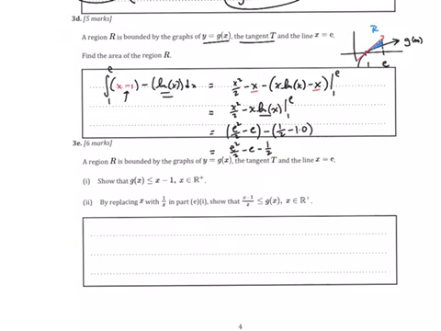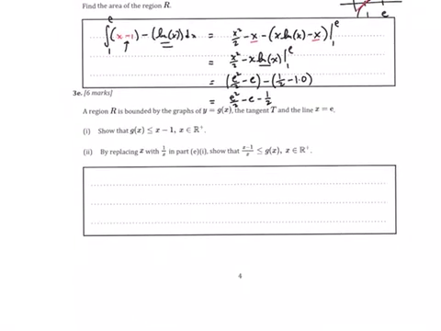Now in this part it says show that g of x is less than x minus 1 for all real numbers. And then, by replacing x with 1 over x in part E, part I, show that x minus 1 over x is less than g of x for all x in the real numbers.